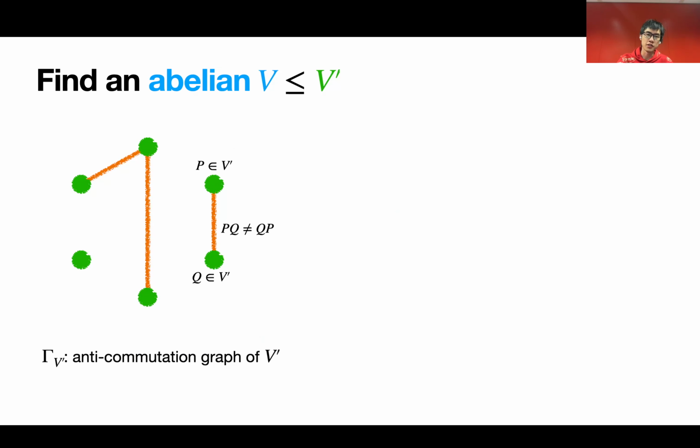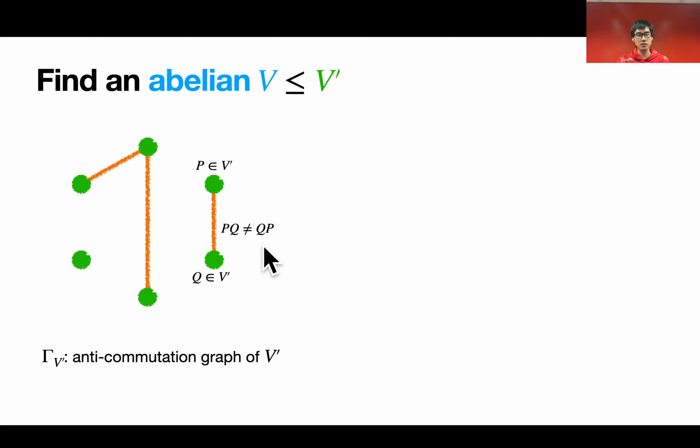So now let's try to find an abelian Pauli subgroup from a subgroup V prime with high weight. First, let's define the anti-commutation graph for this V prime. The vertices of the graph are the elements of V prime, and P and Q have an edge if and only if they anti-commute.